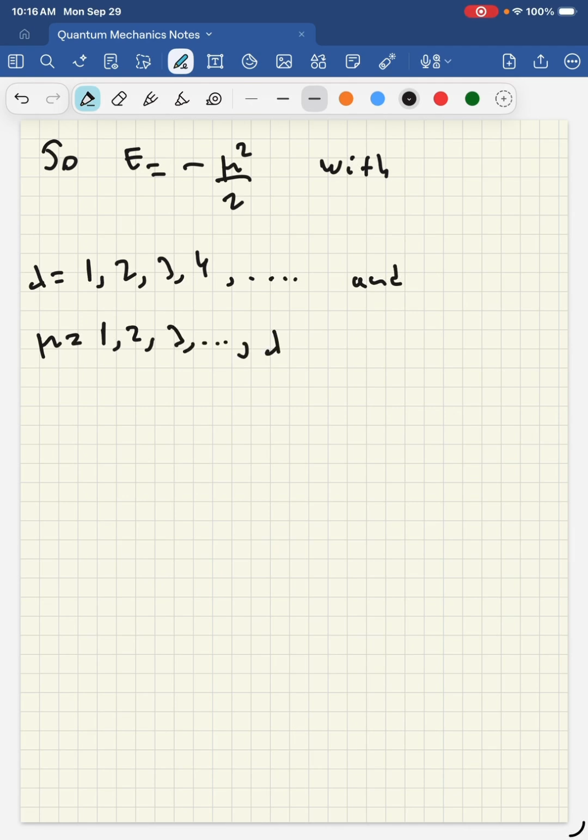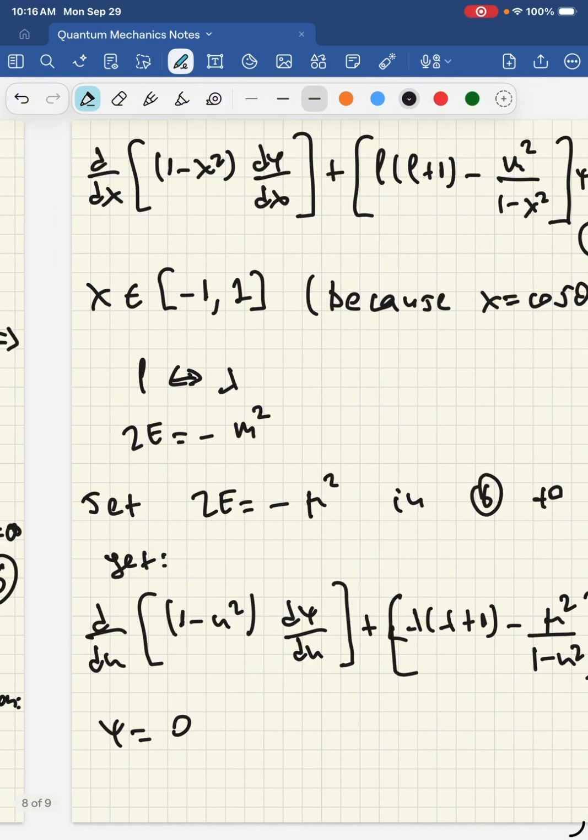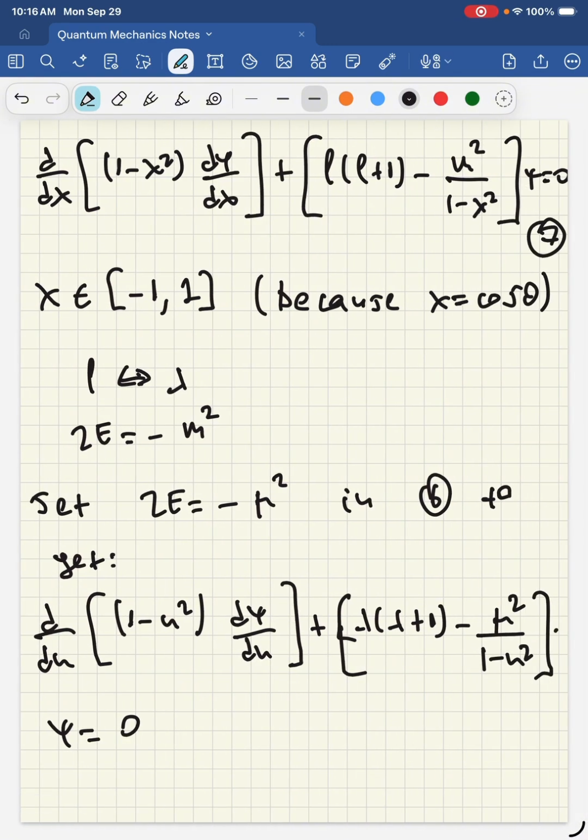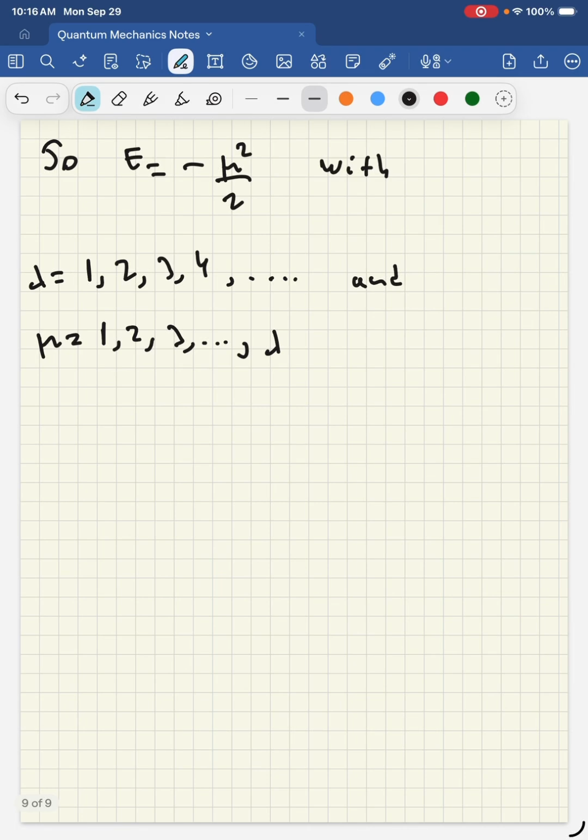Okay, so this is a consequence of the associated Legendre differential equation. So what we mean by that is that for a given lambda, so if lambda is say 3, then there are only 3 solutions, 3 states, okay, 3 bound states pretty much.